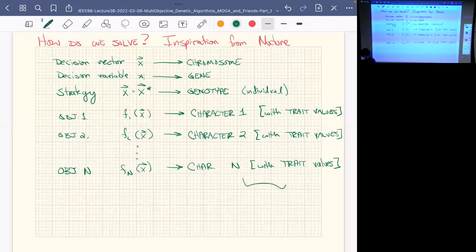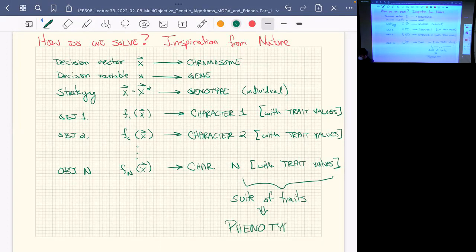Now the suite of traits is called a phenotype. So I can say this individual runs really fast and has a high resting metabolic rate. It burns a lot of energy even at rest. That's their phenotype together, those two things.